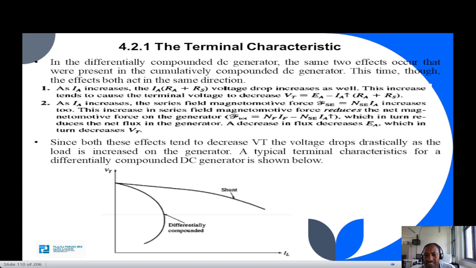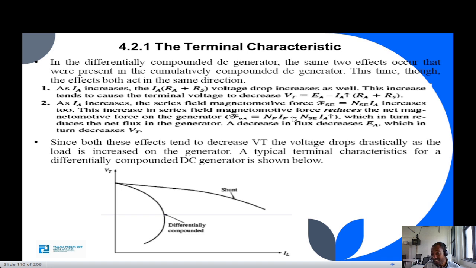When I increase IL, the IRS voltage drop increases as well. This increase tends to cause the terminal voltage to decrease. This is one effect, same as the previous one. As I increase the load, the series field magnetomotive force increases too. This increase in series field magnetomotive force reduces the net magnetomotive force of the flux.